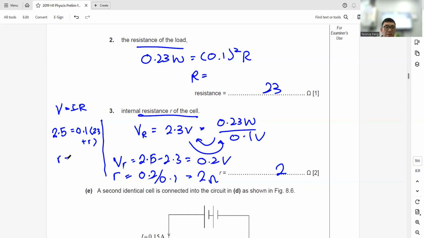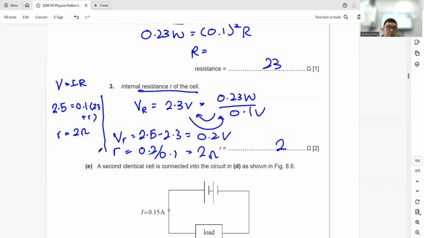If you solve for r, you should get 2 ohms as a result. So you can do solution number 1 or solution number 2. Whichever way is fine.